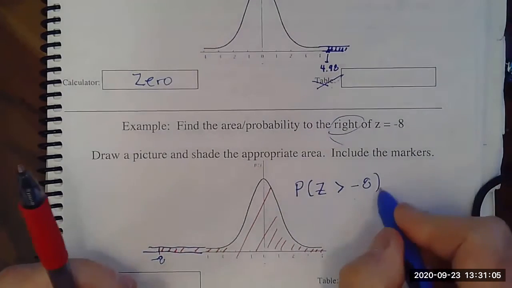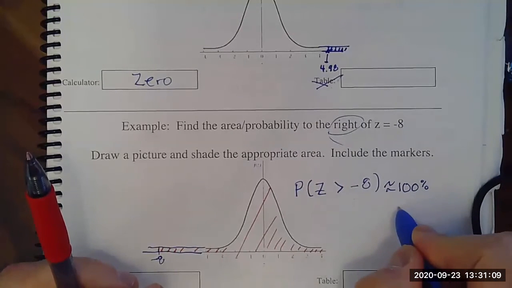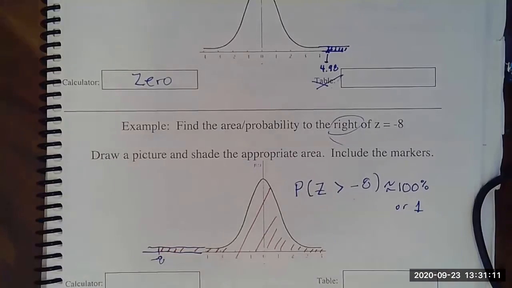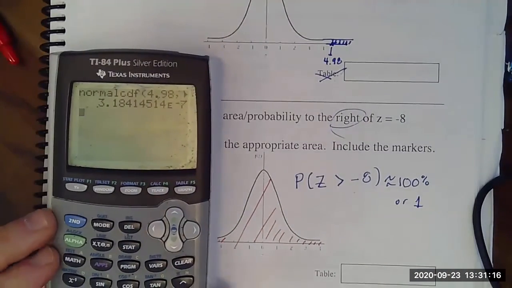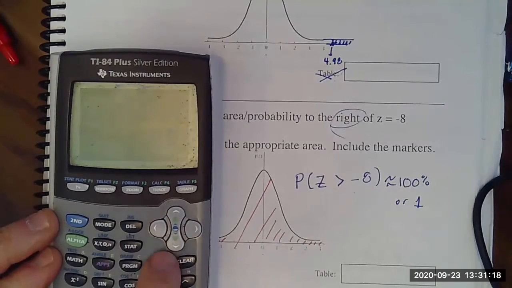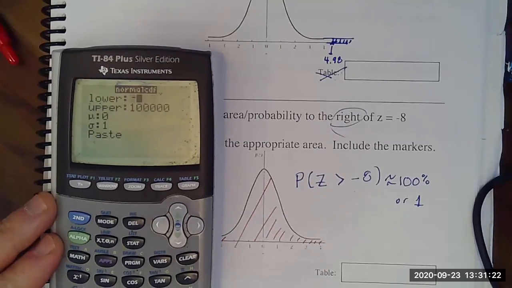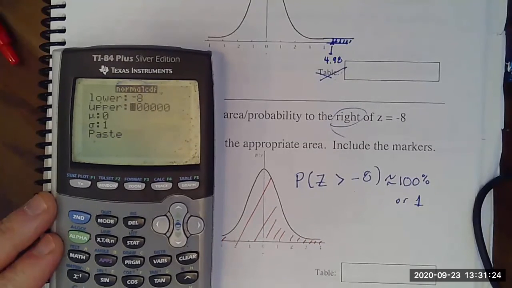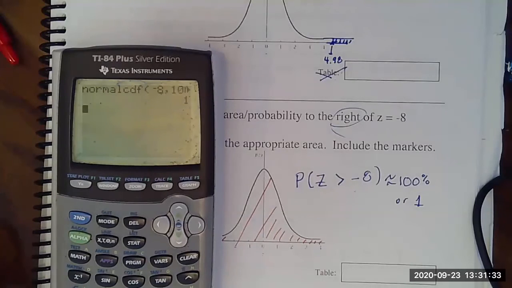I think it's going to be very close to 100% or 1. Okay, let's see how close we are. Distribution, normal CDF. Okay, -8 is the lower, and the upper is that again. Okay, enter. 1. Oh, so close to 1, it's 1. About everything.